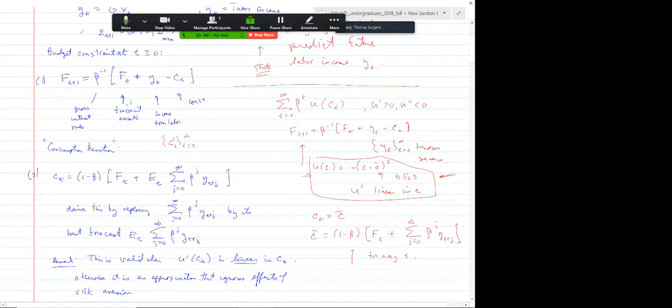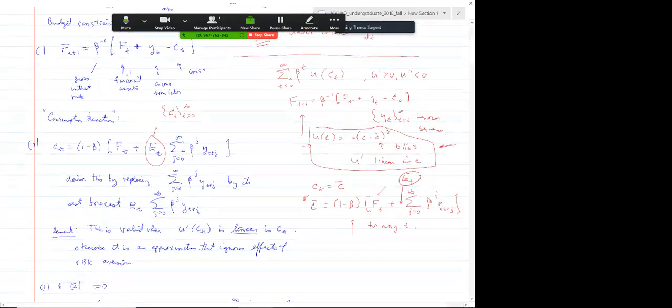Instead of making CT constant like it is here, instead we make CT equal to 1 minus beta this, but in place of this, right here, we're going to put an ET, where that's the mathematical expectation of the present discounted value of labor income.